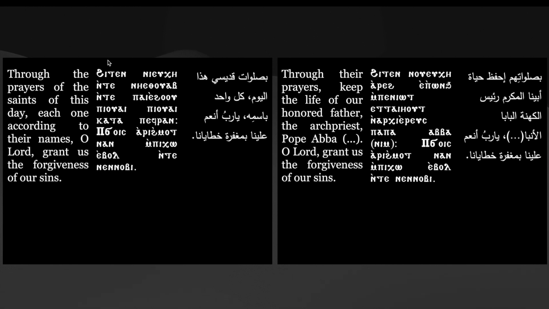The difference becomes: through the prayers for me if she, it's the prayers. Me is for plural, and if she is prayers. Whereas over here, hiten no if she, keep in mind that's the only thing that changed, but it changes the meaning. It's no longer through the prayers, it's through their prayers.